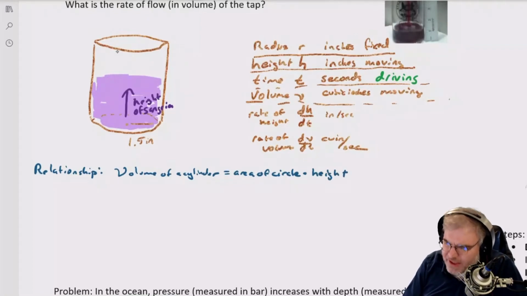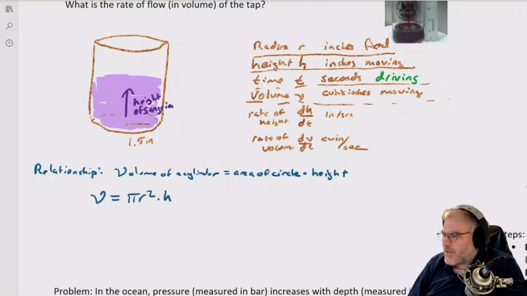So if I take the area of the top and I multiply it by the height of a cylinder, I get the volume. So the volume of the cylinder equals pi r squared times h. Okay. How do we feel about that, 1 to 5?